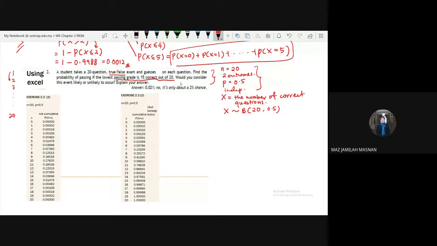So your X should be greater than or equal to, less than or equal to, or equal to? Which one, class? Look at the questions. The question should begin from here until here.